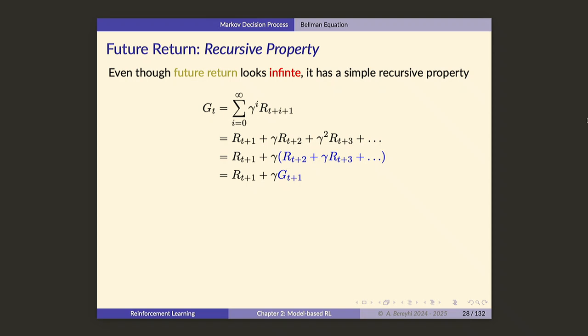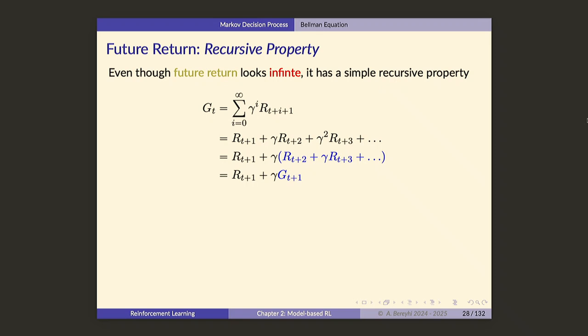If I do know what I'm going to get after that, then it's over, because I can take that future reward and add it to my immediate reward. This is actually the future reward at state S_t at the particular time t. Everybody's clear? Questions? Everybody sees what I'm doing?